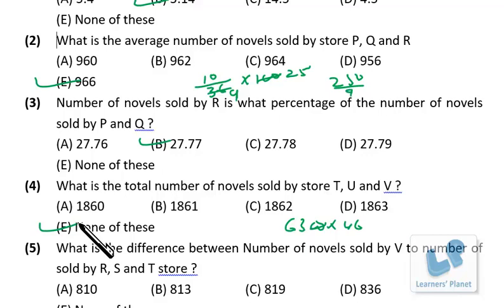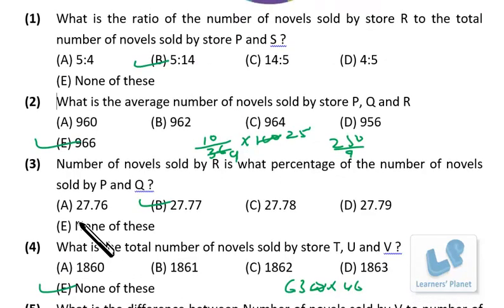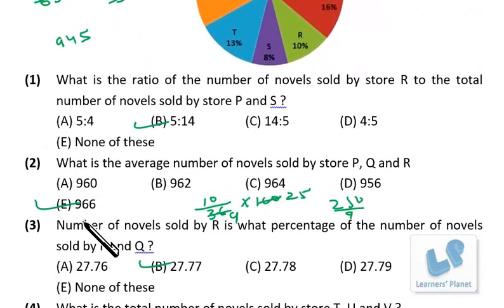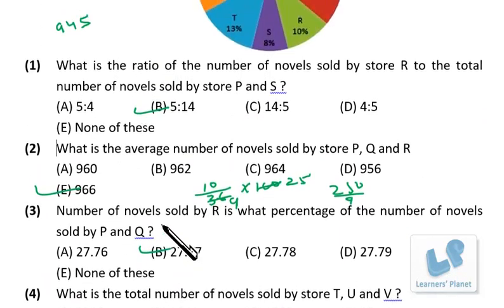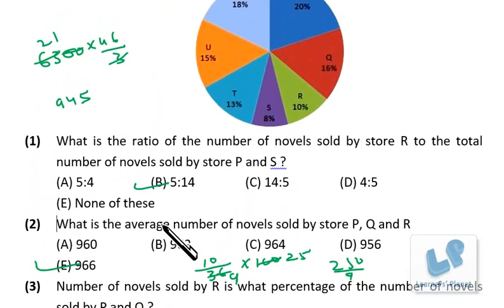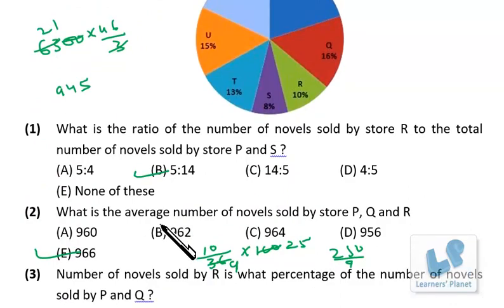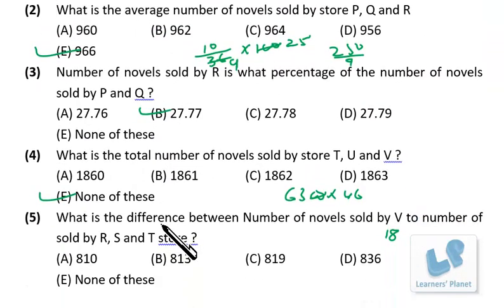What is the difference between number of novels sold by V to the number of novels sold by R, S and T stores? Novels sold by V, V is 18% and R, S and T 10 and 13, 23, 23 and 8, 31.